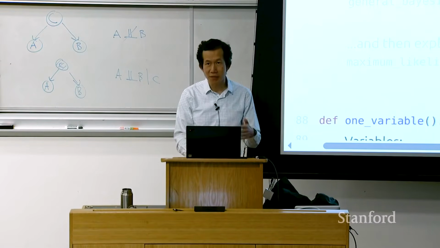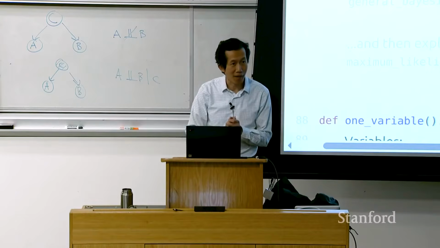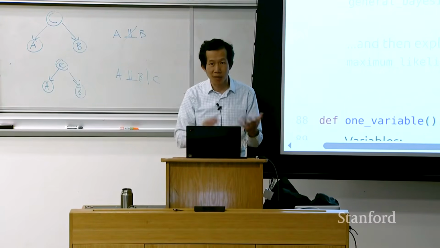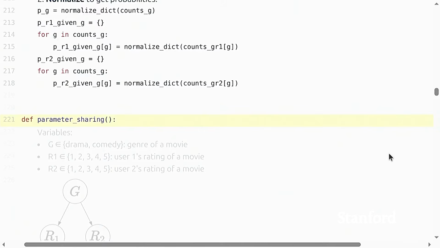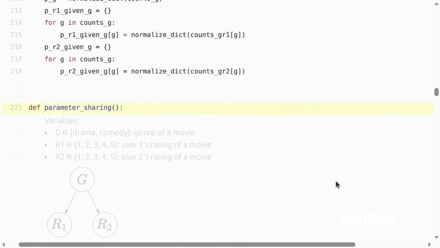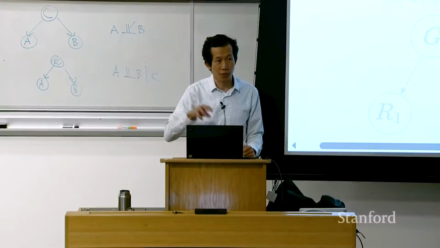So hopefully you've seen enough examples that I should be able to give you any Bayesian network and you should be able to estimate. Now let's do something a little bit different. To motivate things, imagine you have 1,000 users. If you're building this Bayesian network, you might initially think, well, I have a genre and R1 through R1,000, and then the number of parameters is given by a local conditional distribution for every user.